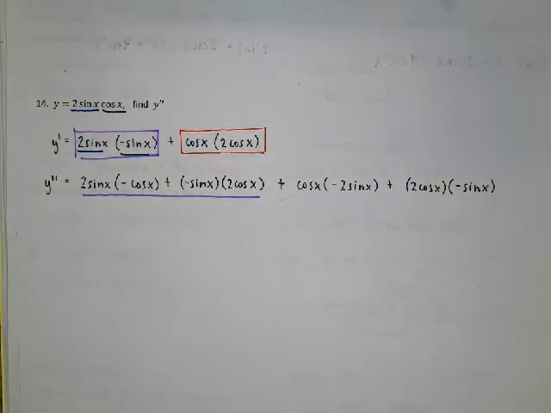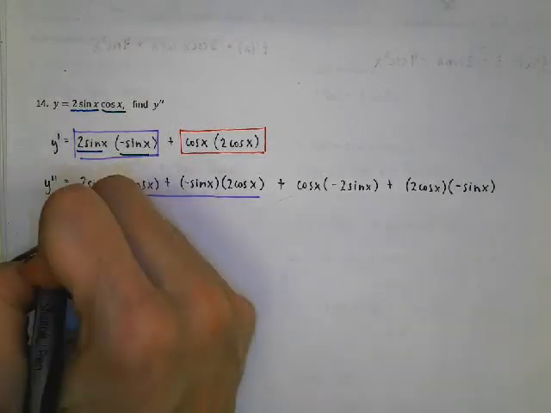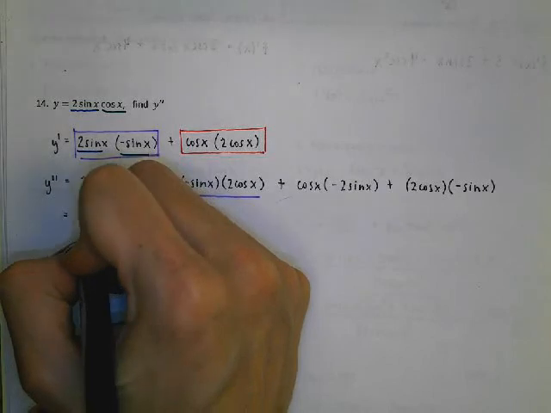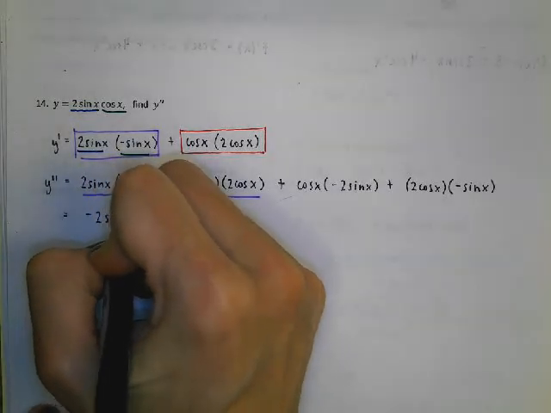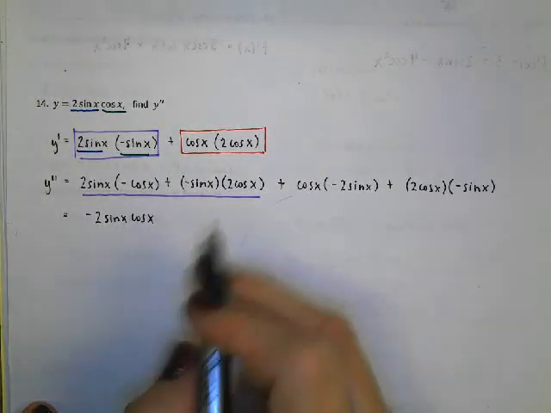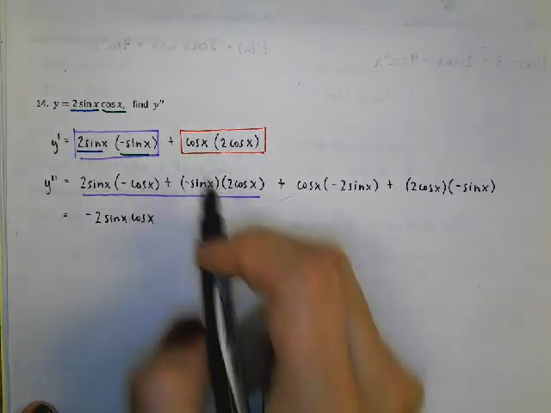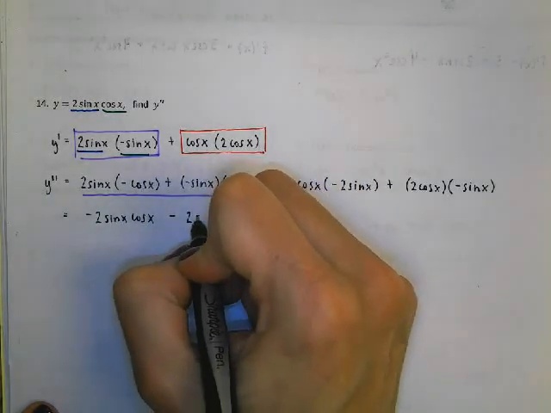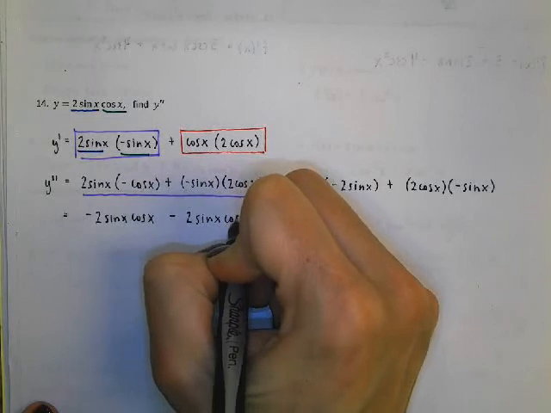So now I have all these terms, and I'm going to simplify and see if I can make this thing look a whole lot cleaner. If I multiply these, I have negative 2 sine of x cosine of x. And then it looks like I'm actually going to have the same thing here. If I rearrange the order a bit, I have negative 2 times sine of x cosine of x.